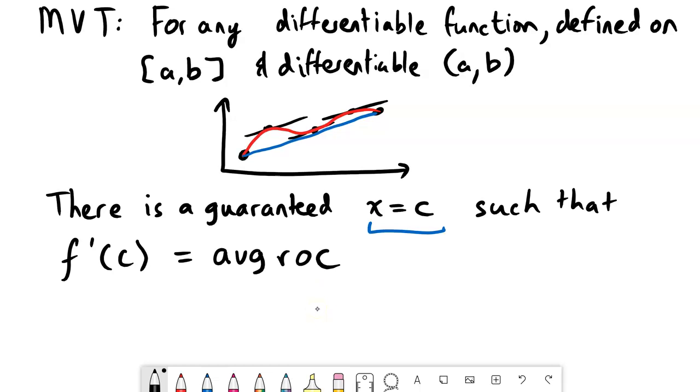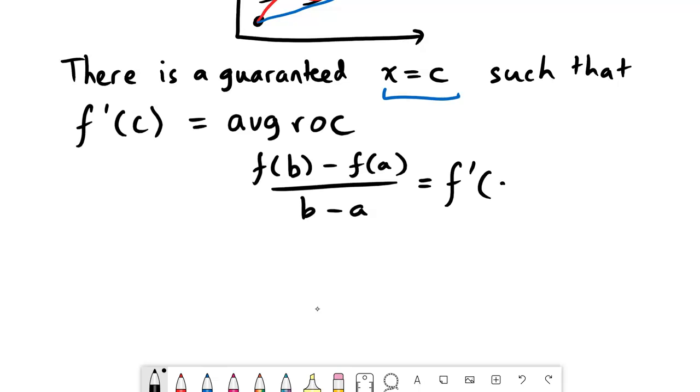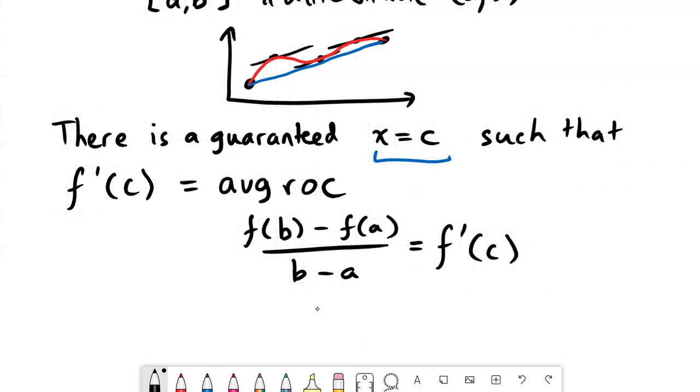What is the average rate of change? Well, the average rate of change is the rise over run, or the rise divided by the run. And there's a guaranteed point where the derivative at that point, which could be here, for example, is going to equal the average rate of change.